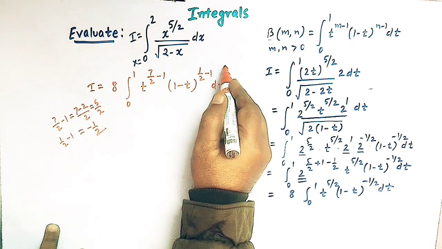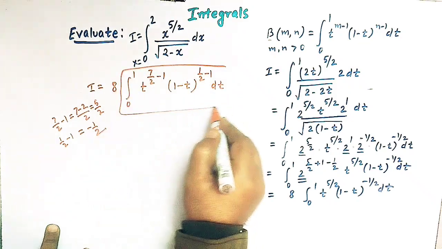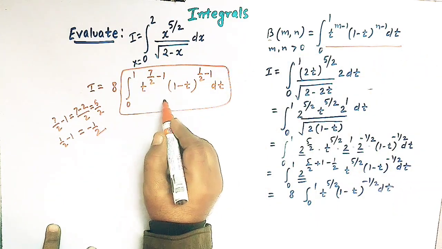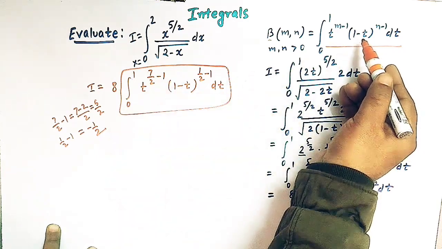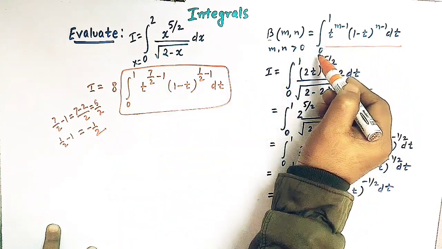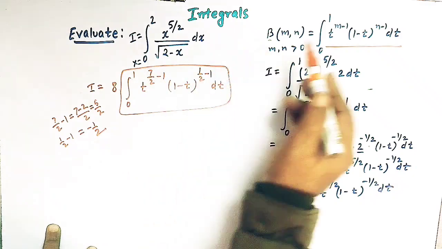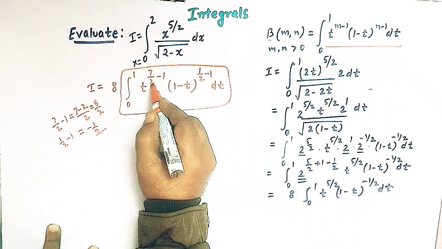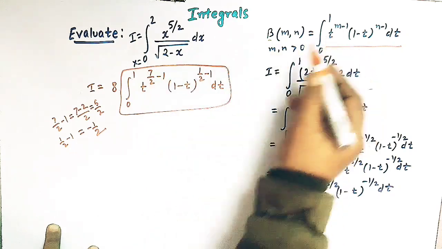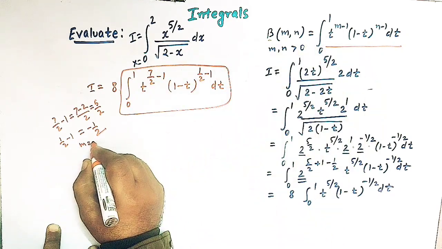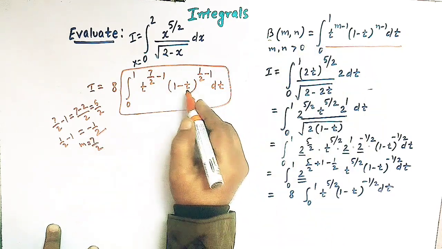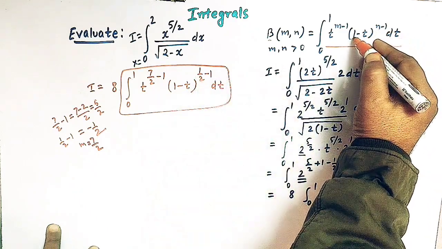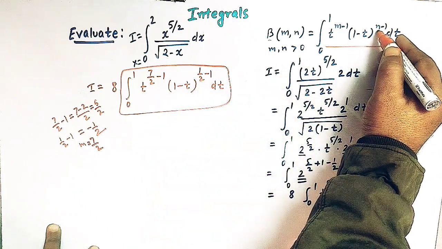Now we can see that this integral is similar to this one, right? If we compare this integral with this one, here we have 0 to 1, and t^(m-1). So here we have t^(7/2 - 1), so comparing, m is equal to 7/2. And here we have (1 - t)^(1/2 - 1), so 1 - t raised to n - 1.